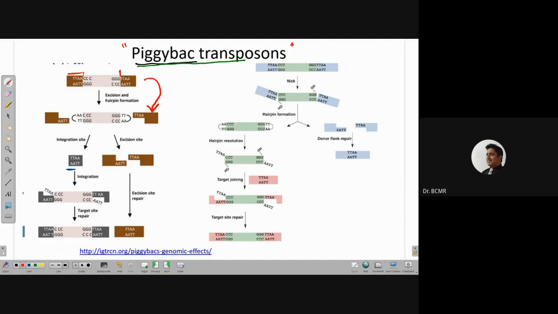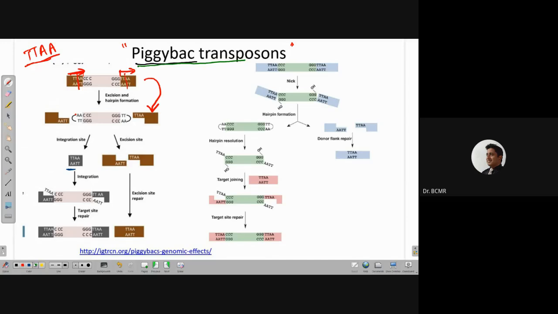The piggyBac transposon has a high affinity for a sequence like this, TTAA. You can see TTAA, and here is TTAA. The transposase enzyme makes a cut here and also a cut here, and it forms a hairpin loop like this.